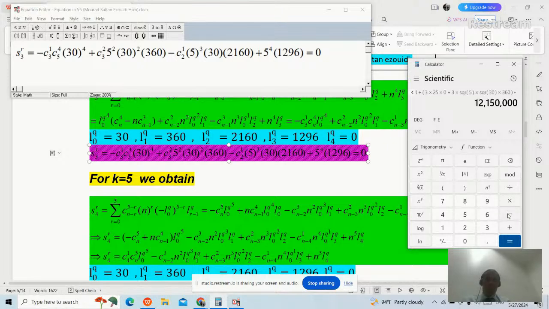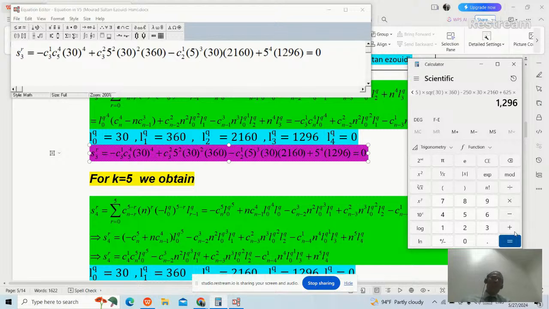Then minus combination 2 choose 1 is 2, times 5 cubed is 125, means minus 250, because 5 cubed is 125 multiplied by 2 is 250, times 30 times 2160. Plus, learners, 5 raised to the power 4 is 625, plus 625 multiplied by 1296.